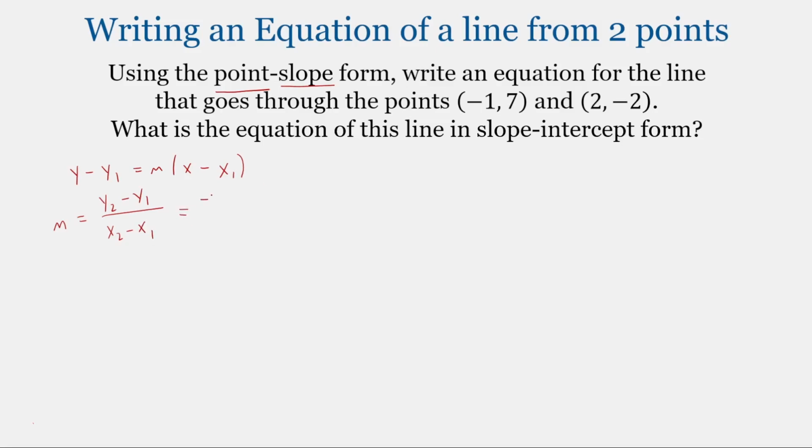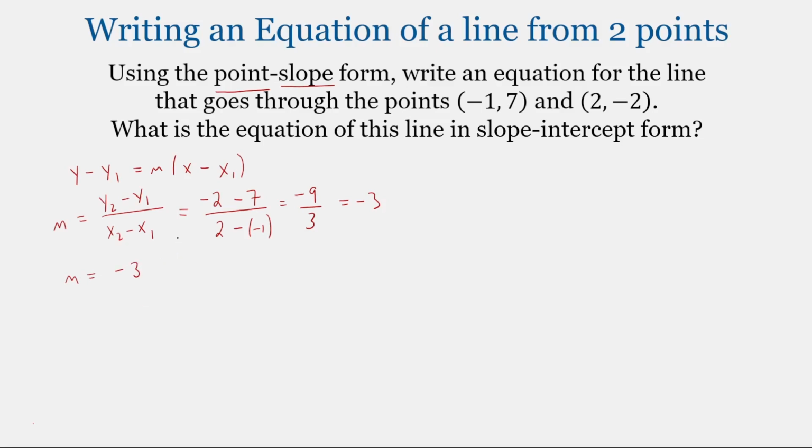So y2 is -2 minus 7 all over 2 minus -1. We now have -9 all over +3. And this is equal to -3. So the slope is equal to -3.